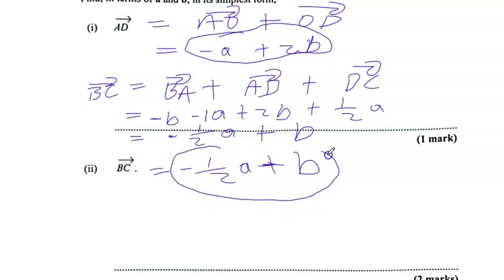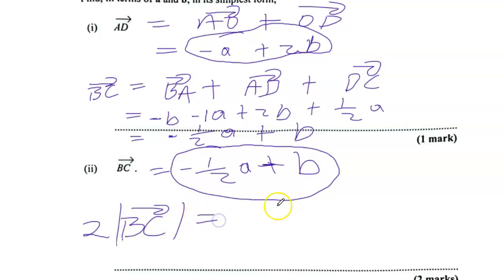If you compare these two, notice that 2 times the vector BC will give you the vector AD.